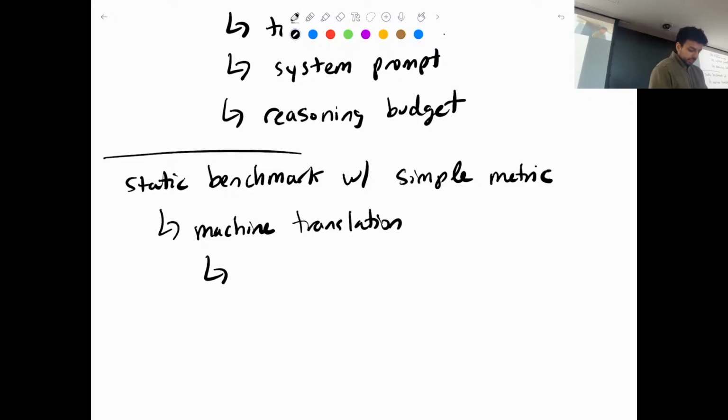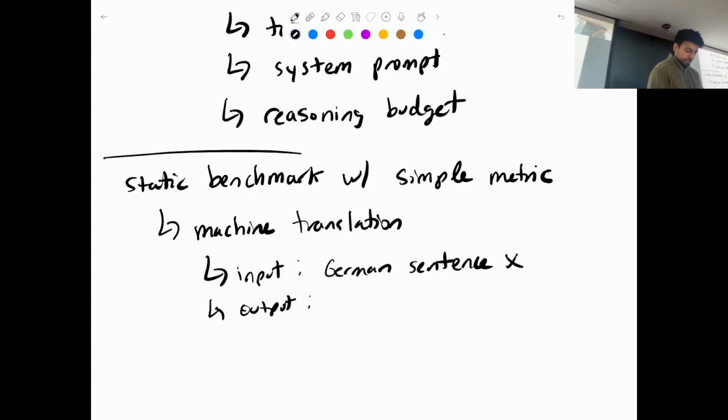Just to be clear, here we're talking about generally sentence level translation. So your input, in our example later, will be a German sentence X, and an output could be an English translation Y. And if you're using an LLM to translate, you'll probably have a system prompt as well, like translate the following sentence into English or something like that.